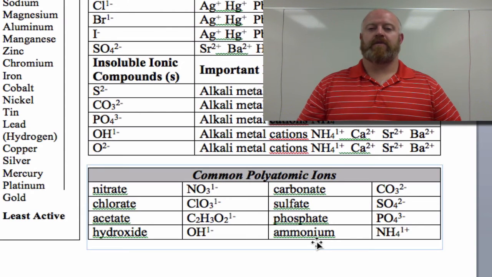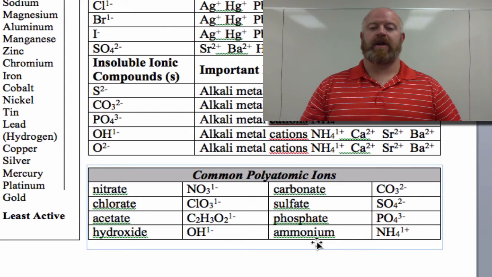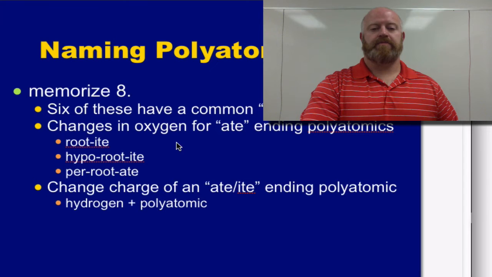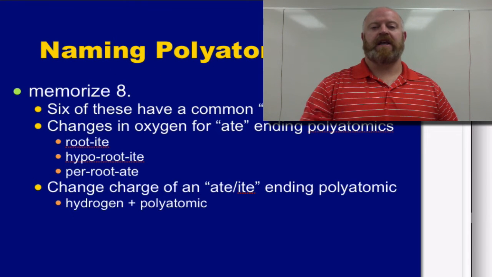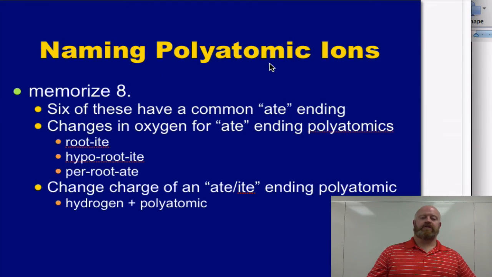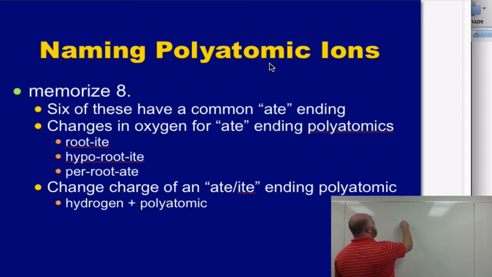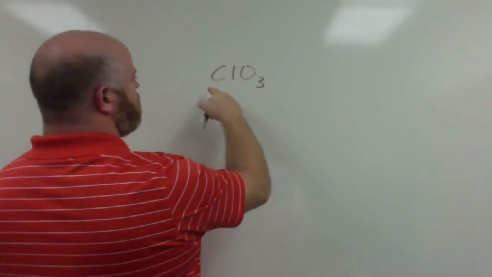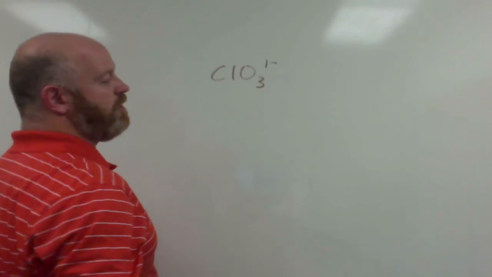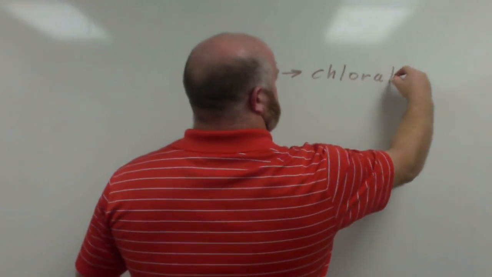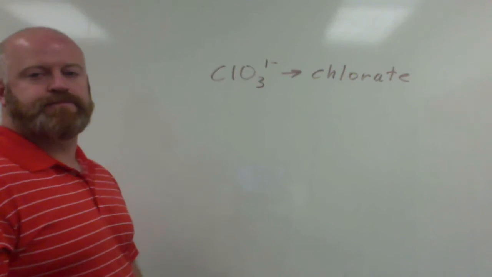Okay. Once you know these 8 and have them memorized, you can build from them, and you can actually determine a lot more polyatomic ions from that. So if we take a look at how we name these polyatomic ions, we always start with this root ending of "ate". So let's say, for example, chlorate. ClO3 has a 1 minus charge. We call this chlorate. Okay?